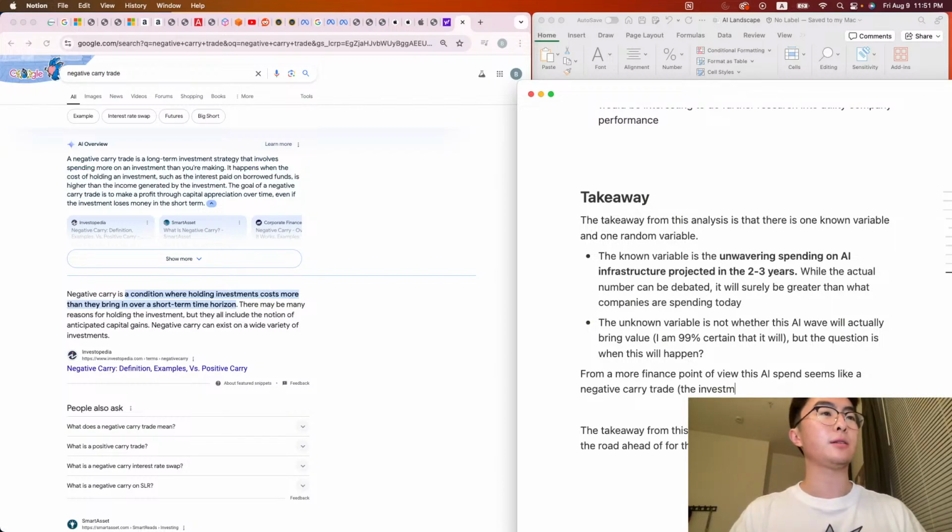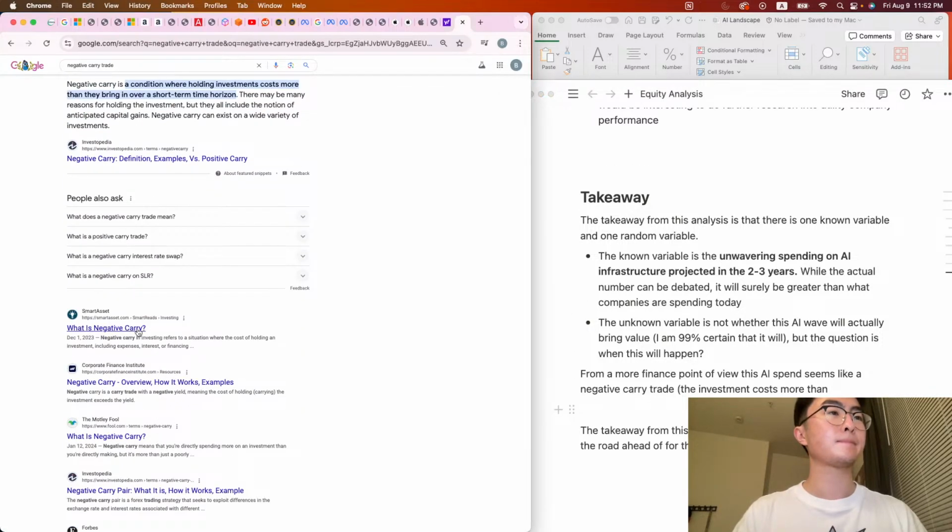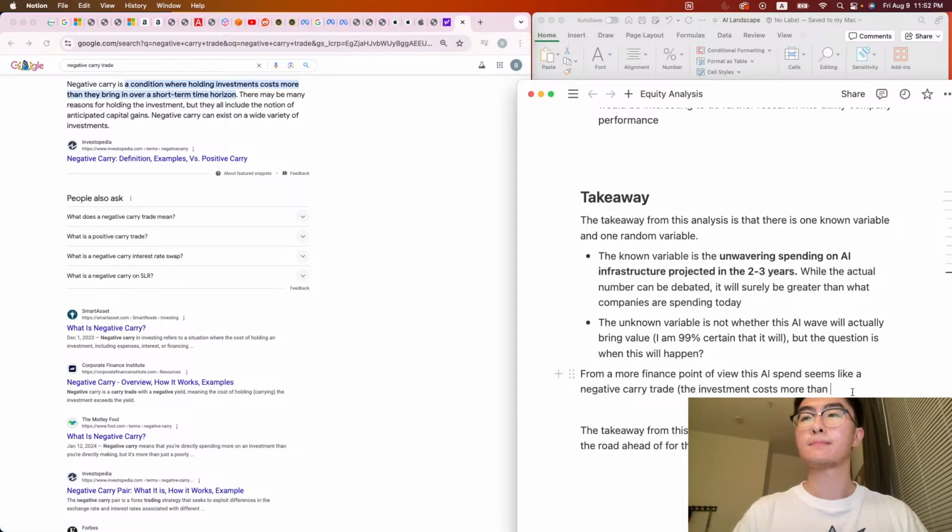The investment costs more. My parents have like friends over, and I thought it was just gonna be like a family. But I think it's just men.